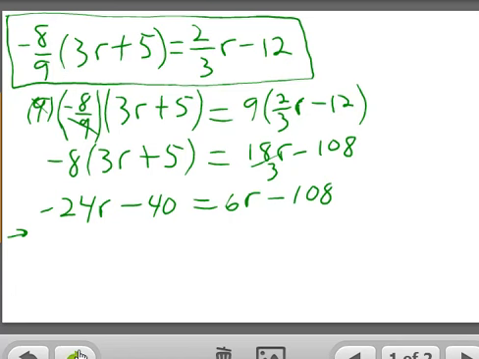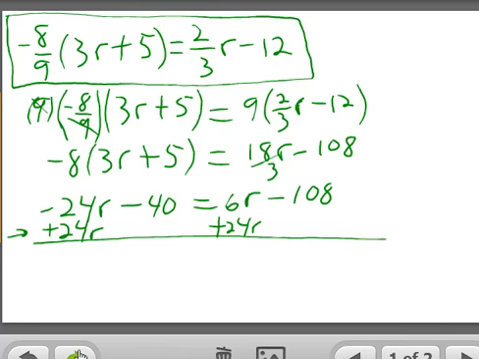So I will take the negative 24r and move it to the other side by doing plus 24r on both sides of the equation, leaving us with, well, after we add the 24r to both sides, at the same time we can get the r term on the right side by itself by adding 108 on both sides of the equation.